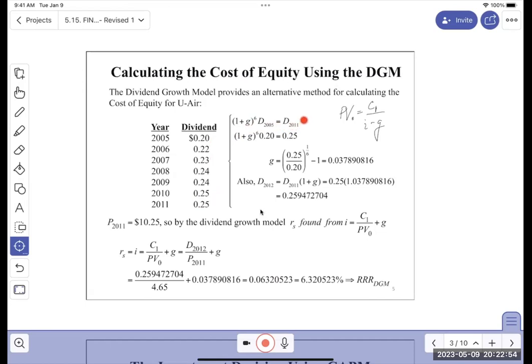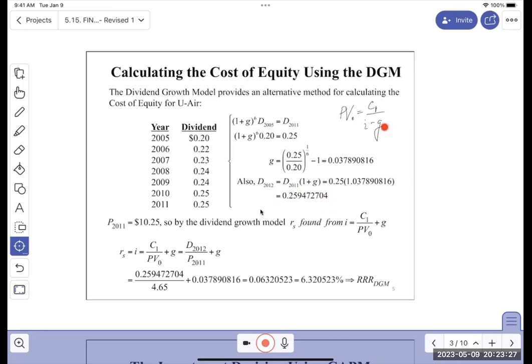So what I'm going to do is find out what g is, and I can solve for it as 3.78%. So that means if that's the constant growth rate, then from 2011 to 2012, next year, I expect there to be a dividend per share of 25.9472, or 26 cents per share.